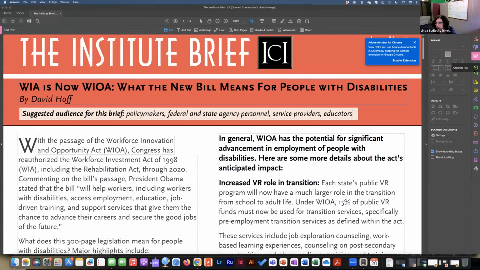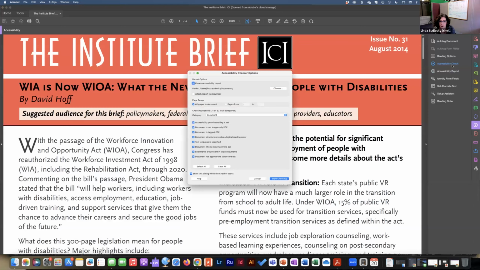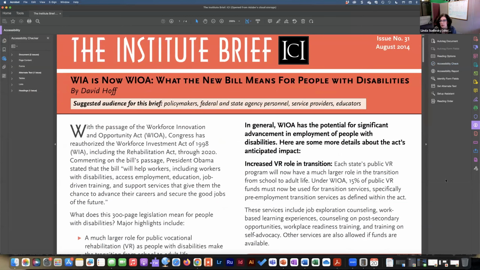And there are so many icons in Acrobat that, like, here is the accessibility icon on the right. I don't know if you see my highlight of it. When I click on that, I can say accessibility check and click start checking, and it will tell me everything that I need to fix about my document.